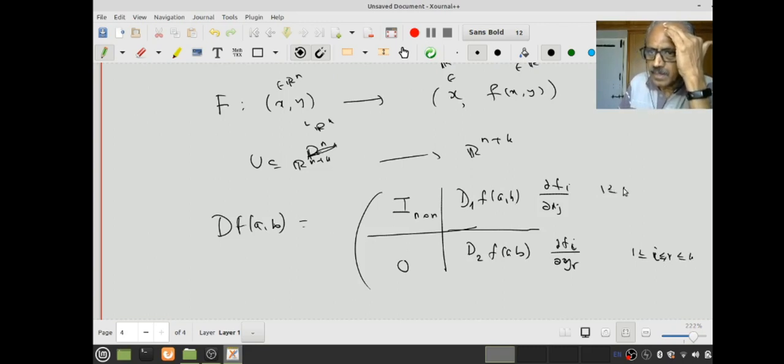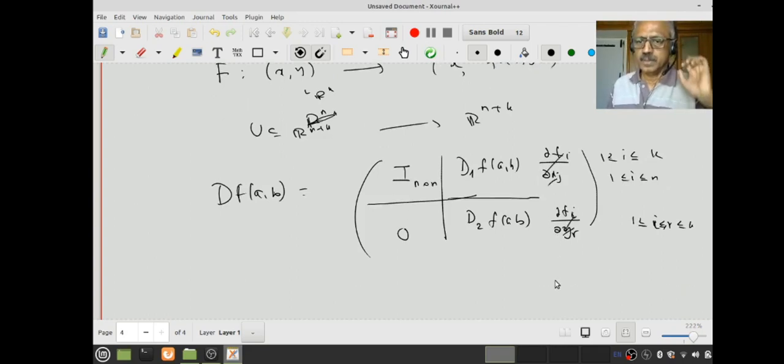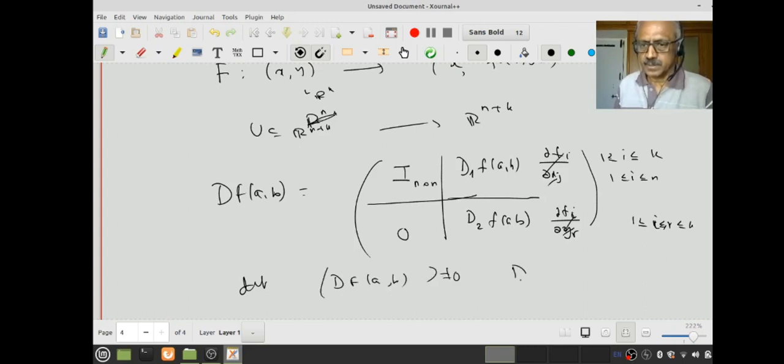Here i is less than or equal to k and j less than or equal to n. Okay, you understand? Now therefore the determinant of this is the determinant of this into this. This is non-singular, therefore the determinant of DF at a, b is not 0. That is, DF at a, b is non-singular.